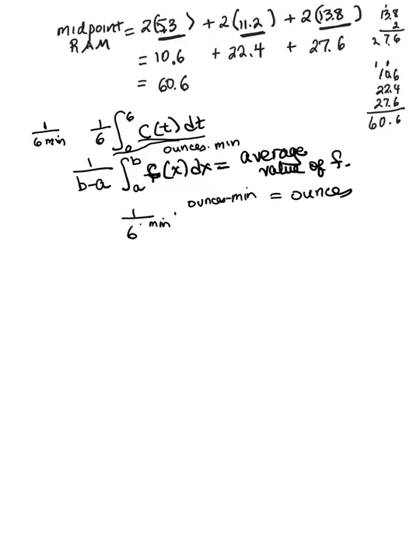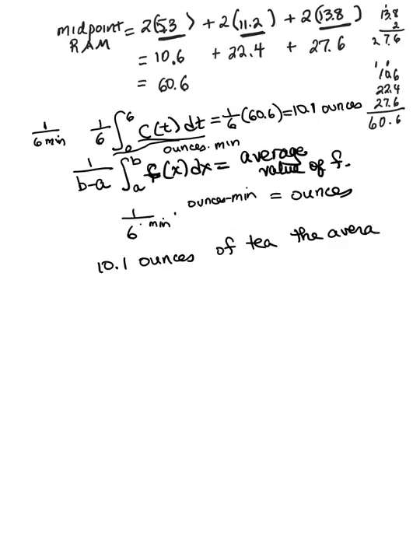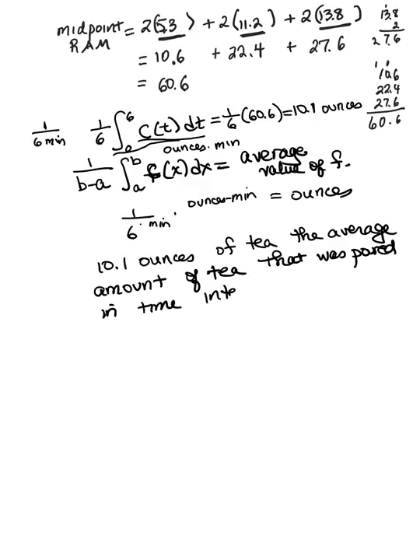So this expression would be 1/6 of 60.6, which would give us 10.1 ounces, and the 10.1 ounces of tea represents the average amount of tea that was poured in the time interval between 0 and 6 minutes, or the average amount of tea that was poured in the first 6 minutes.